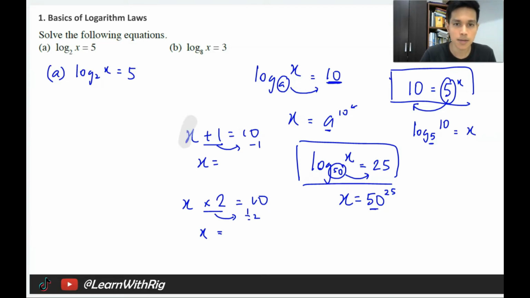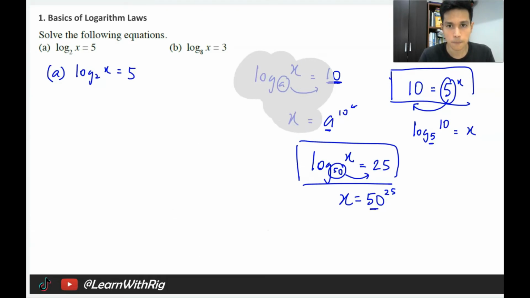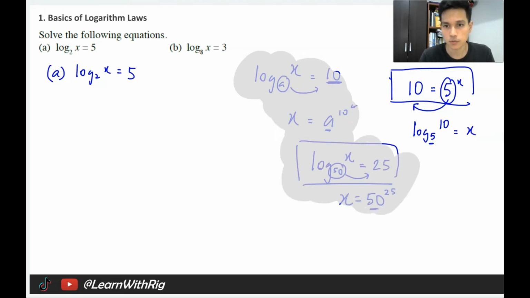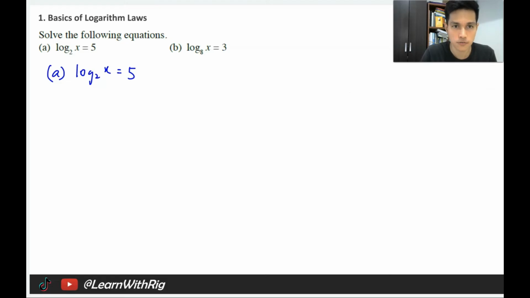So you're going to implement this for this question. Question 1, log x base 2 equals 5. Which one are you going to shift? Of course you shift the 2, correct? You shift it to the other side and it becomes x equals 2 power 5. So your answer is 32.